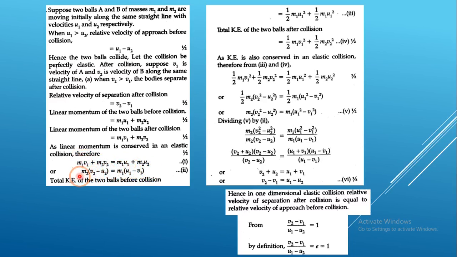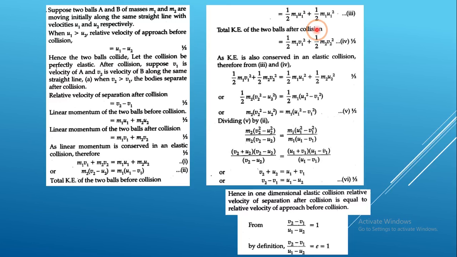Let's take m2 common, you'll get v2 minus u2. Let's take m1 common, you will get u1 minus v1. Then before collision, the kinetic energies are half m1 u1 square plus half m2 u2 square.